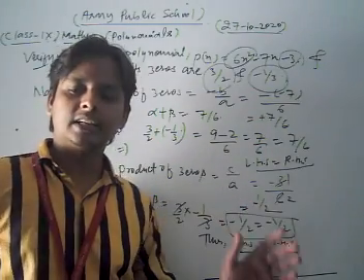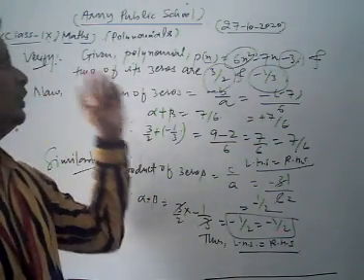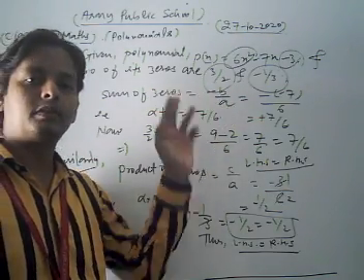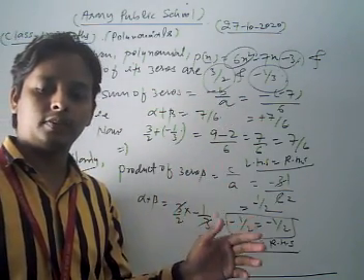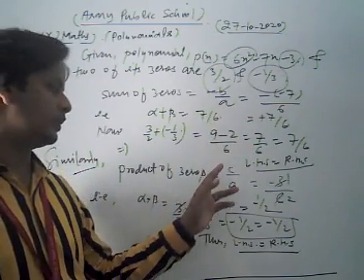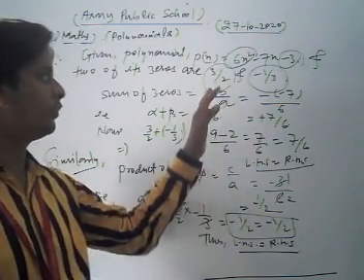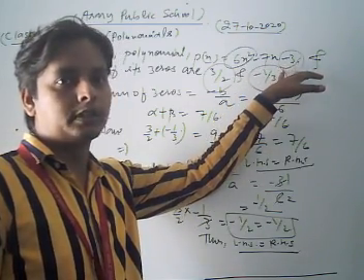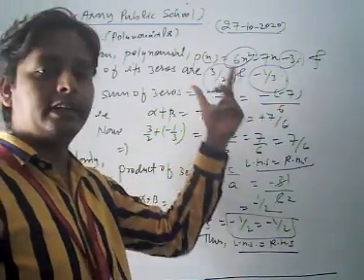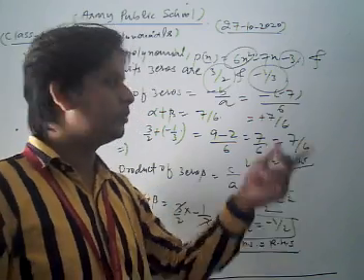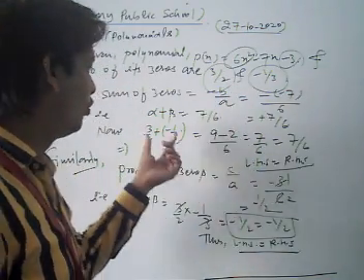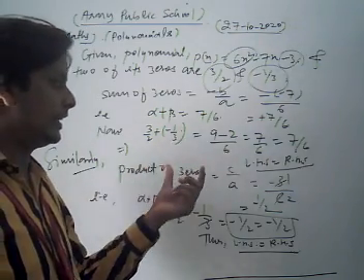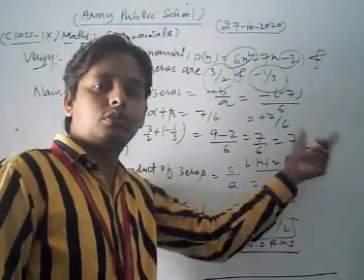Dear student, look once more. In that type of question, first of all we write the formula for the sum of zeros. By formula you know that sum of zeros is minus coefficient of x upon coefficient of x square. Second one is the constant term upon coefficient of x square. Now we put in the values from the given polynomial, and the zeros we already found are 3 by 2 and minus 1 by 3. We put the value of alpha plus beta in LHS and observe that it is equal to RHS by formula.